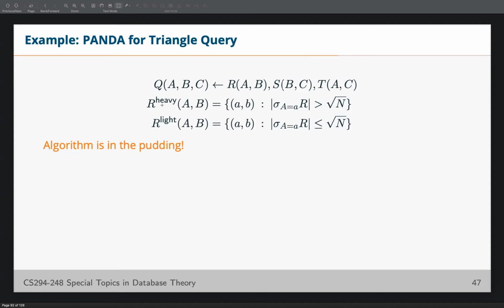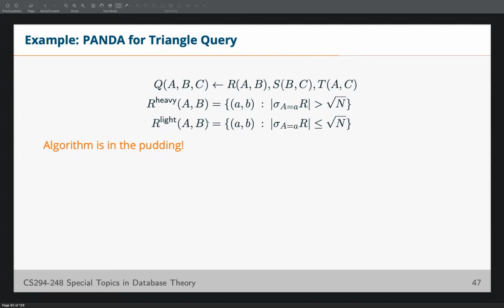So I will define the heavy part of R to be all of the tuples A, B in R for which the degree of A is more than square root of n, and the light part to be the degree of A less than square root of n. There's a math to decide on this threshold if you have a question, but for now, let's just say that someone gave you the threshold already.